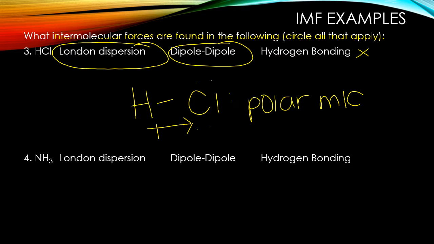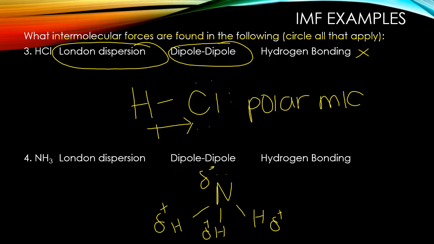Number 4, NH3. That Lewis structure is boom, boom, boom, and there's a lone pair on the nitrogen. If you go look at the electronegativity values, these are polar bonds. Nitrogen is more electronegative, partial positives, and then this is asymmetrical.